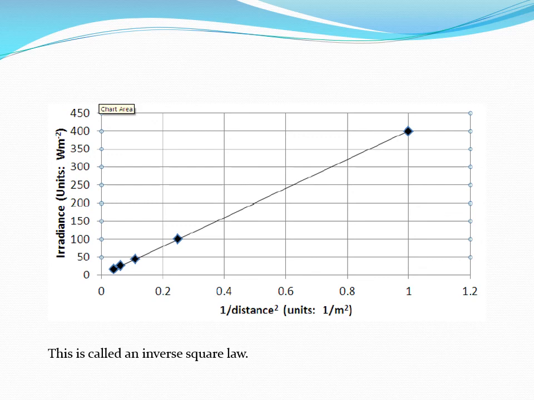Yeah, so we call this the inverse square law, and that's because if we say that something is proportional to something, if we have, for example, y is equal to kx, k being a constant, that would mean that y and x were proportional to each other.